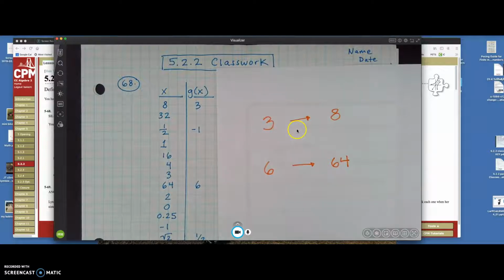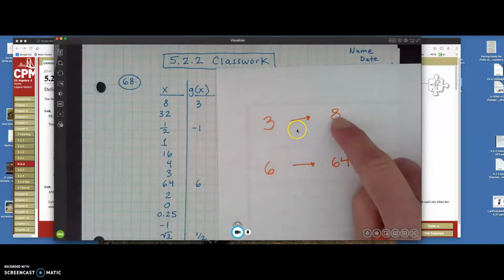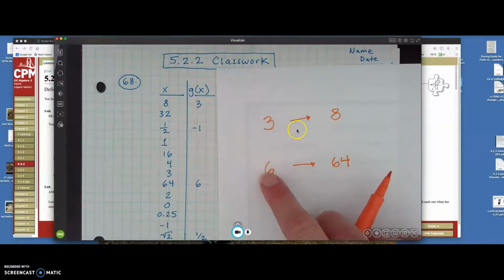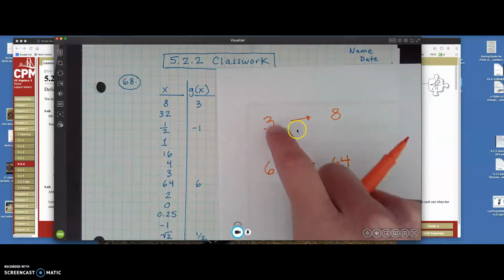Any operation, like exponents, multiplication, division, addition, subtraction, could we do to the number 3 to get an 8? Or could we do to a 6 to get a 64? I want you to think outside the box a little bit, and it's not multiplication, it's not division. And remember, it has to work for both of them.